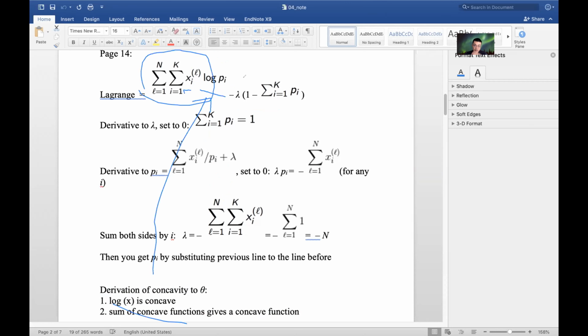The right-hand side is linear, pi is x1 plus x2 plus x3. Linear is both concave and convex. So concave plus linear is still concave. It's just a summation of concave functions and a linear function. Okay, Professor. Got it. Thank you. You're welcome.